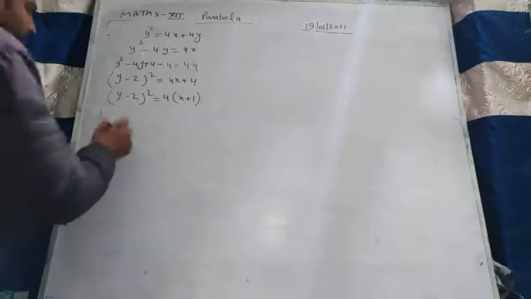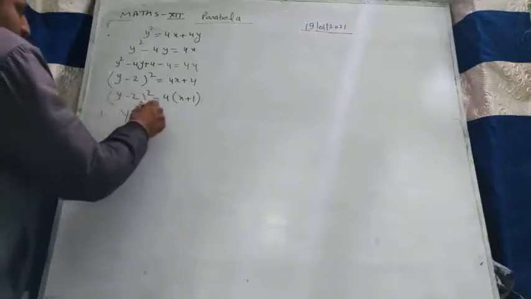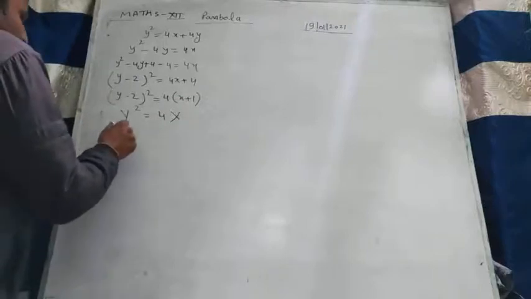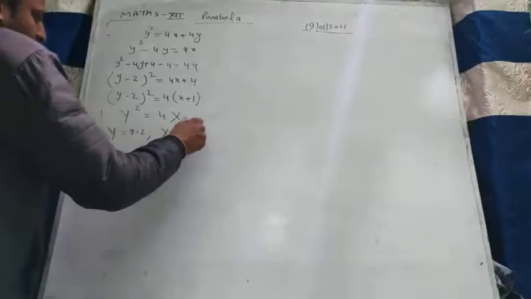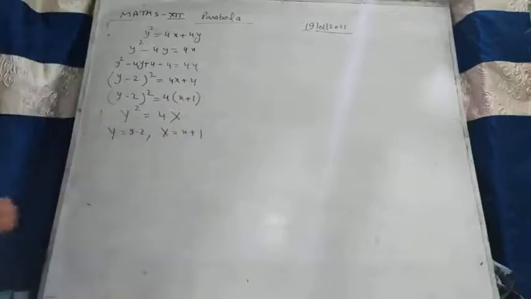Okay, student. So this we can write in this form: capital Y square is equal to 4 capital X, where capital Y is y minus 2, capital X is x plus 1.